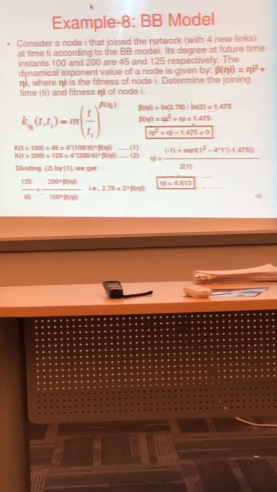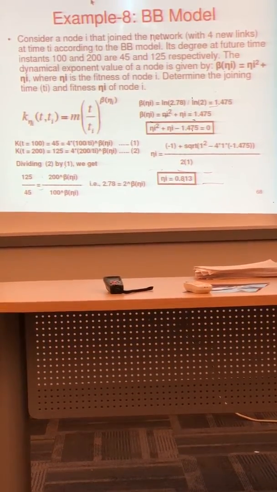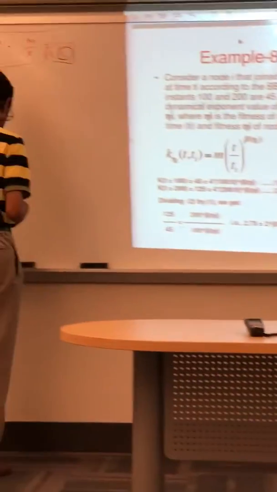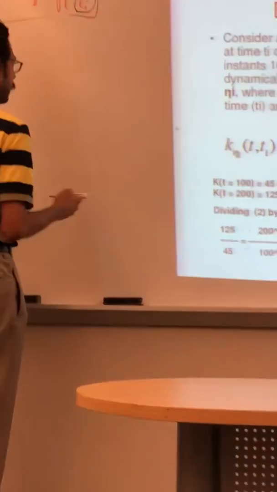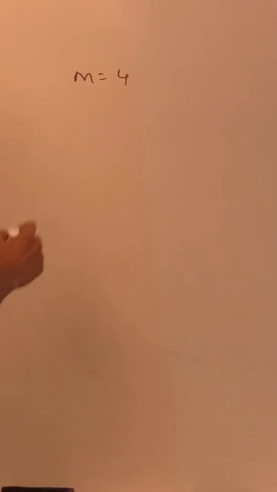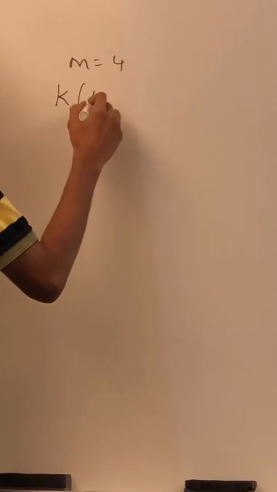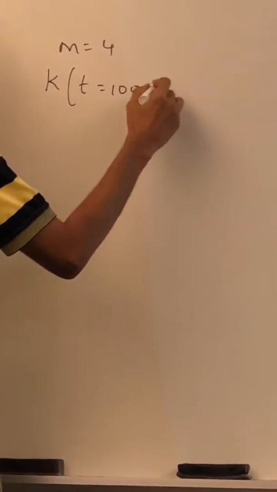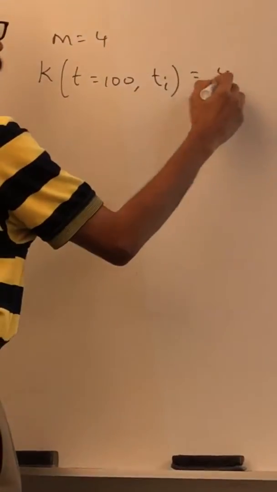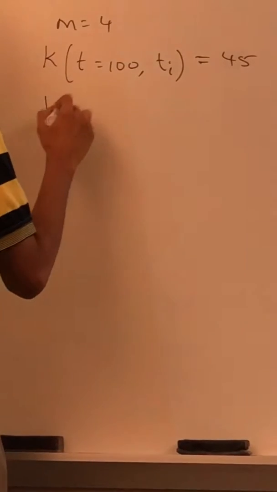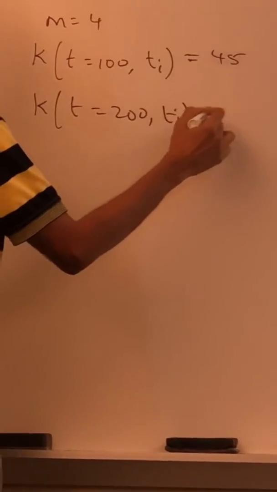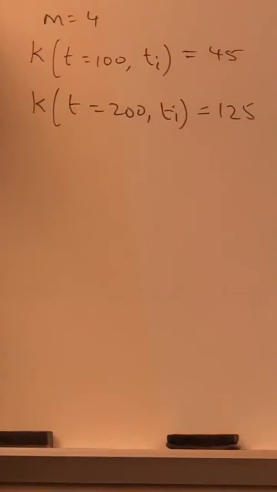So what you are given is some node I joins the network according to the BB model, and M is 4 new links, and its degree at some time 100 is given as 45, and at some other time 200 its degree is given as 125.